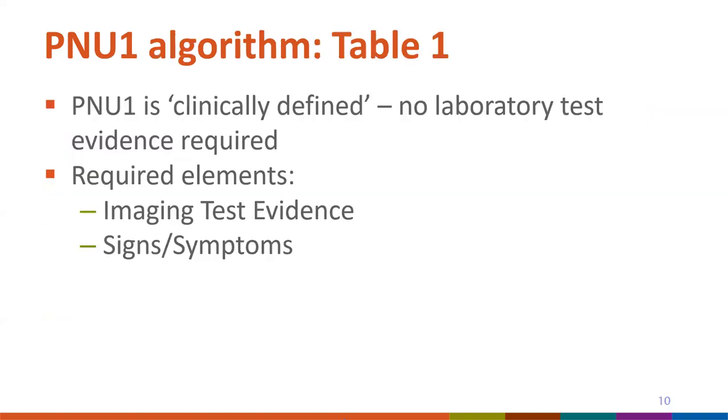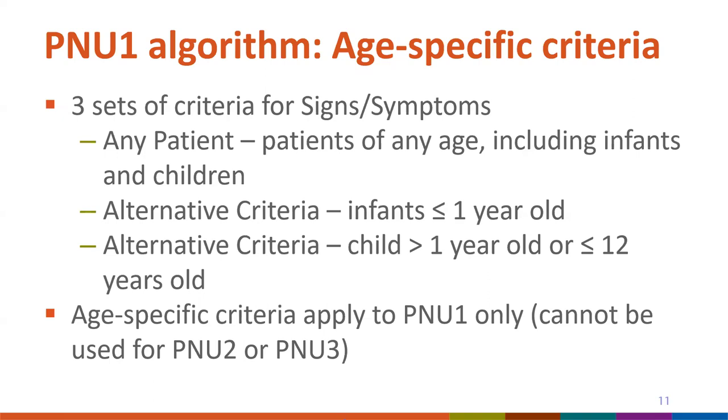New 1, which is located in Table 1 in the new chapter, is clinically defined, meaning there is no laboratory test evidence required to meet the definition. Required elements in the infection window period, or IWP, include imaging test evidence and signs and symptoms. There are 3 sets of criteria for new 1 signs and symptoms.